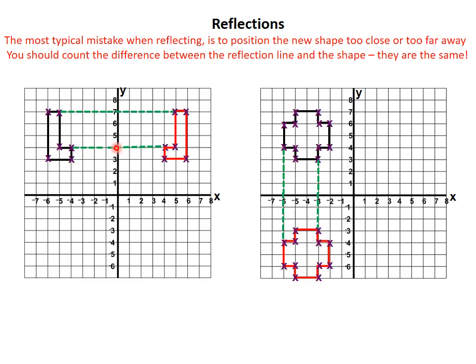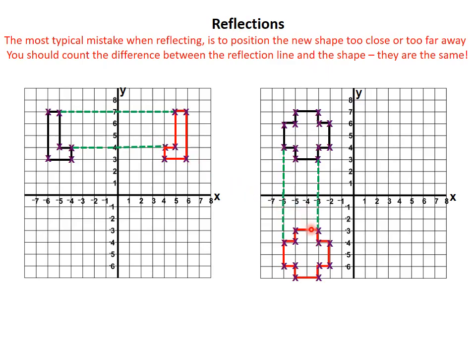Let's check another point just to be sure. So go up to the mirror line in line with the top of the shape. 1, 2, 3, 4, 5 to the original shape, and 1, 2, 3, 4, 5 to the reflected shape. So we can check that the reflection is exactly the same distance from the mirror line.